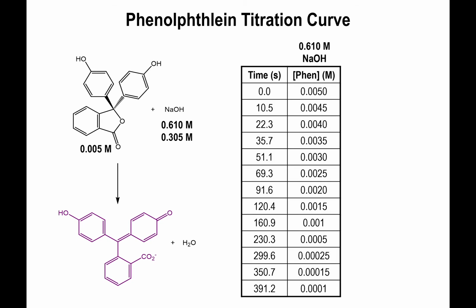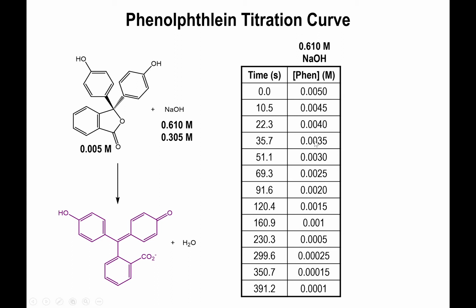And so what you could do is look at the concentration of phenolphthalein exclusively as a function of time. So you could use a UV-vis spectrometer, concentrate on the absorbance of phenolphthalein, and as long as you know the absorptivity constant, you can convert the absorbance of phenolphthalein into concentration of phenolphthalein.